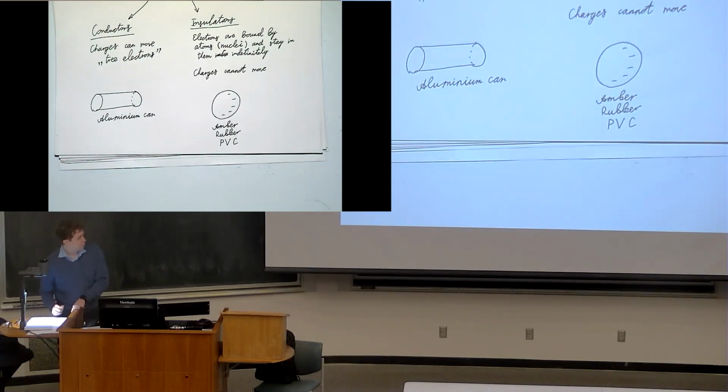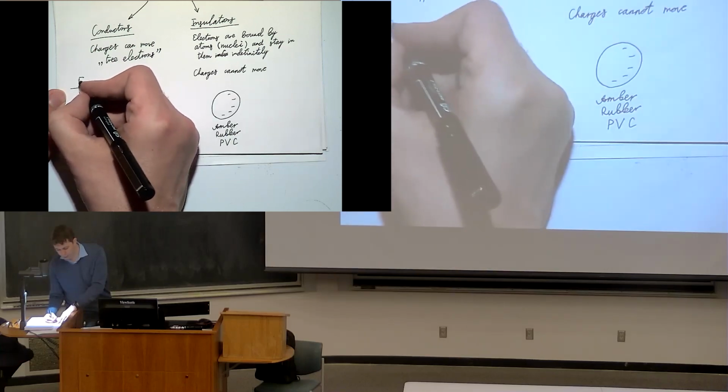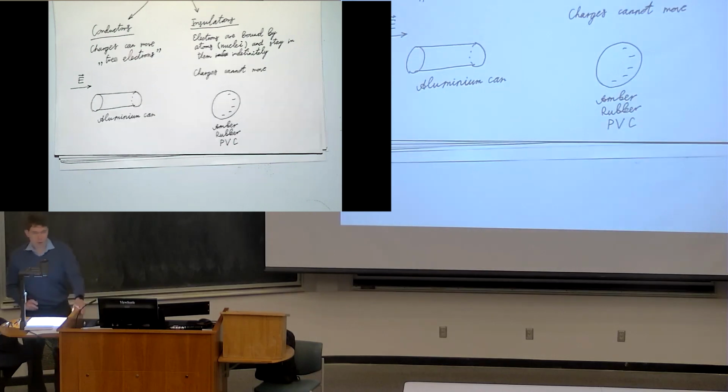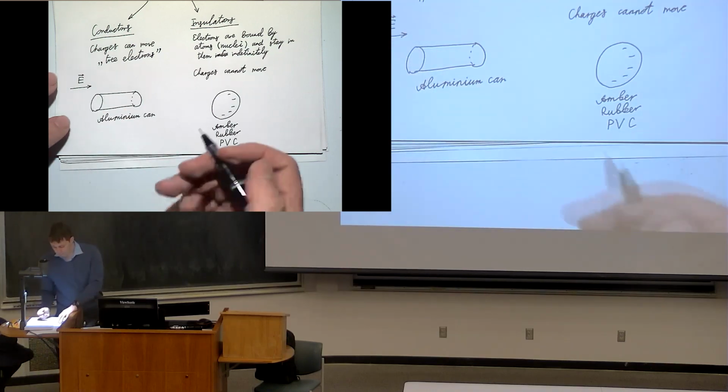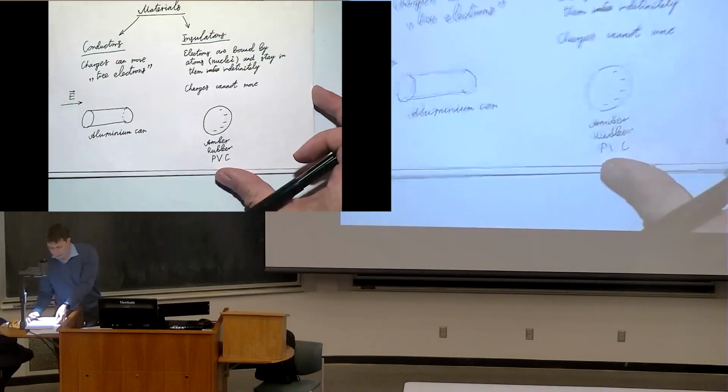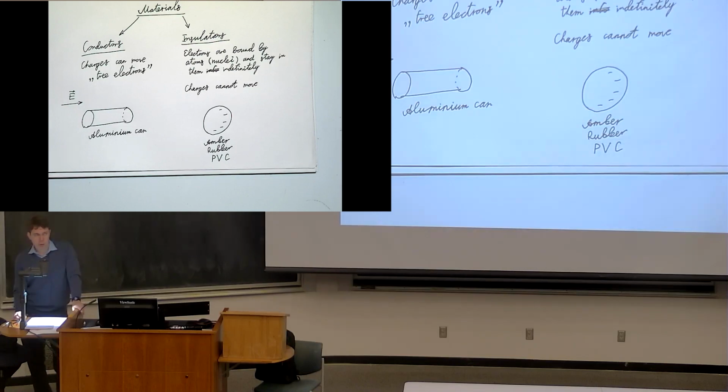When it is exposed to an electric field, let's say there's an electric field in this direction next to it, brought close to a charged object which creates this field, then initially the aluminium can is neutral, but the field applies force to the electrons in that aluminium can, and at least a big fraction of electrons are not bound by their atoms, so they start to move and charges get redistributed in the aluminium can.